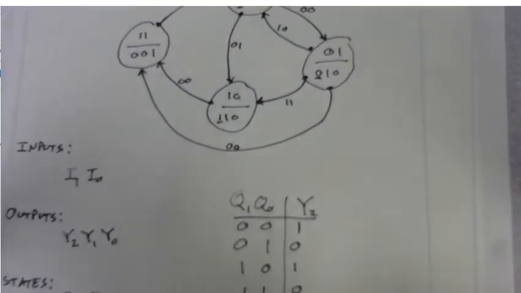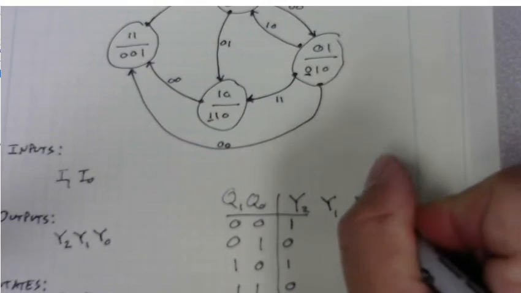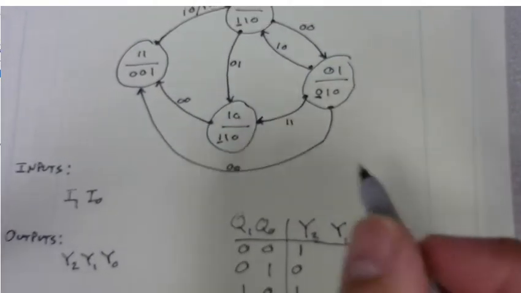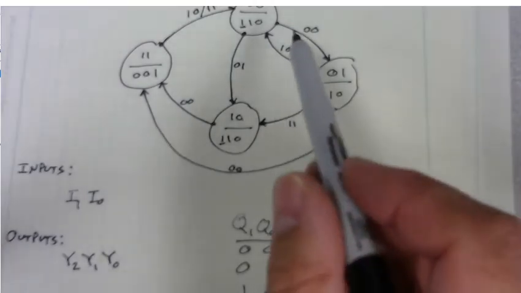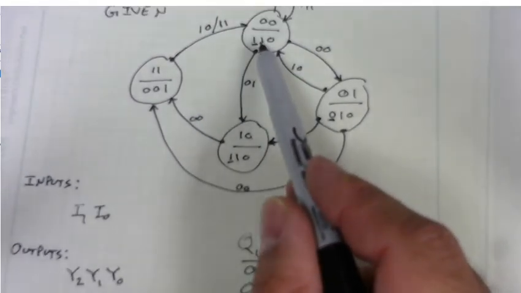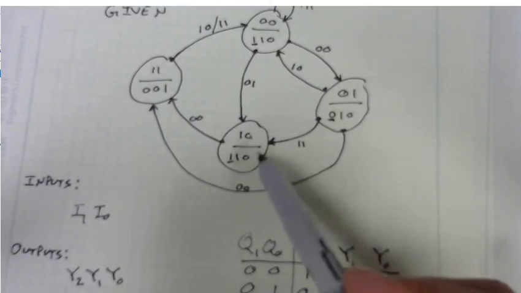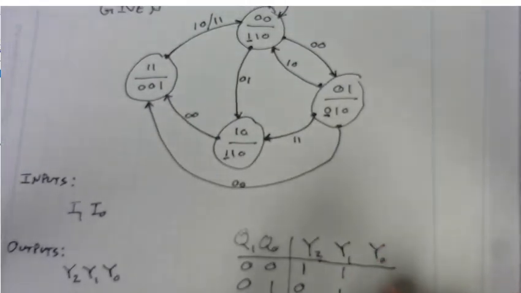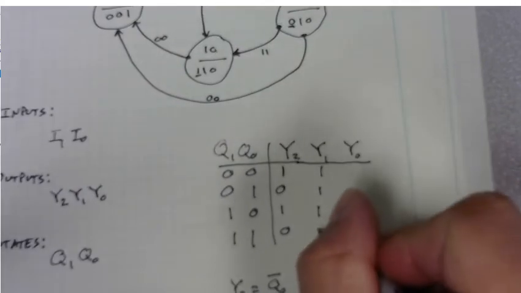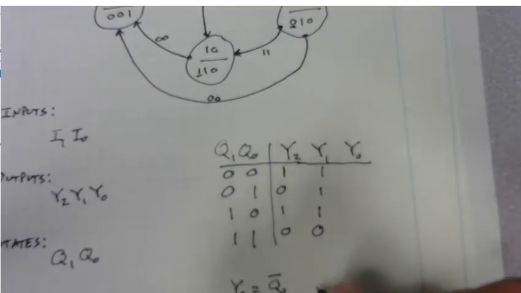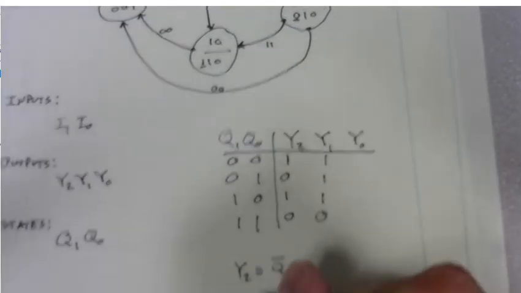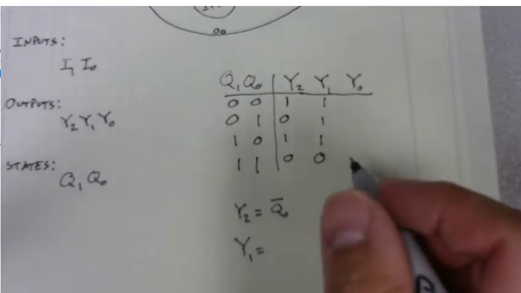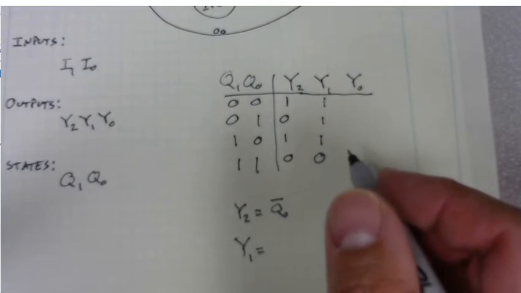Now, we can do the same thing with Y1 and Y0. Let's do that real quick. With Y1, we have 1, 1, 1, 0. And it looks a lot like a NAND gate to me.